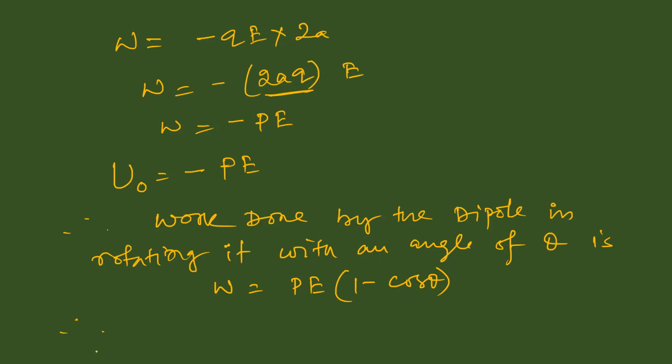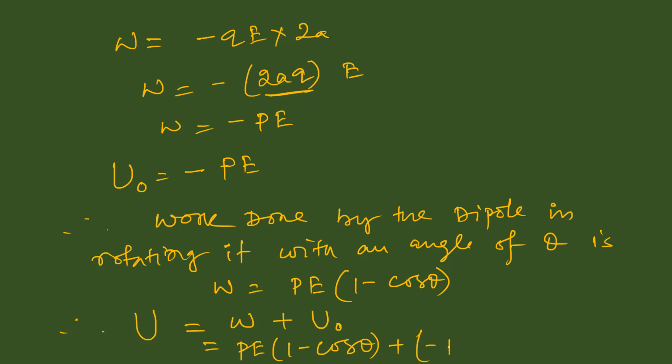So what should be the total potential energy stored by the dipole? The total potential energy stored is equal to the expression for work done plus the potential energy stored by the negative charge. The work done is pE into 1 minus cos theta, plus U naught. What is the value of U naught?